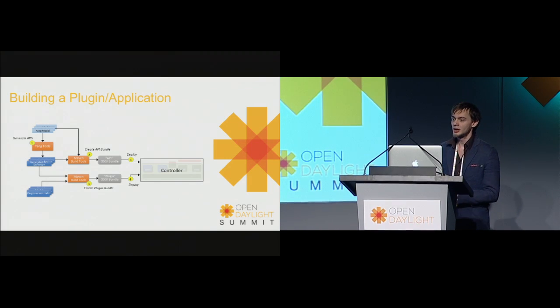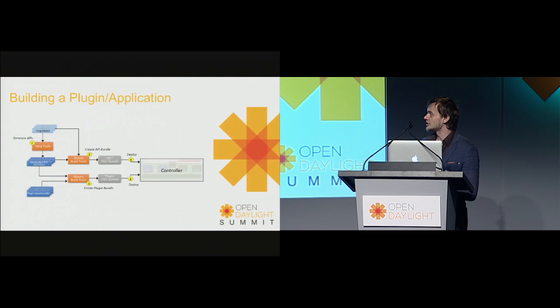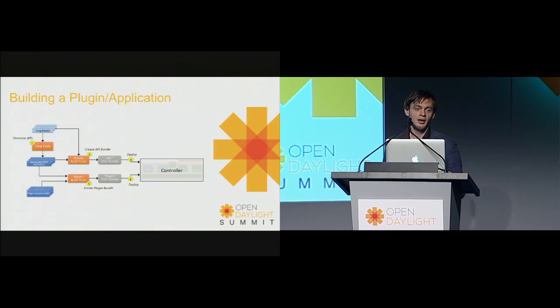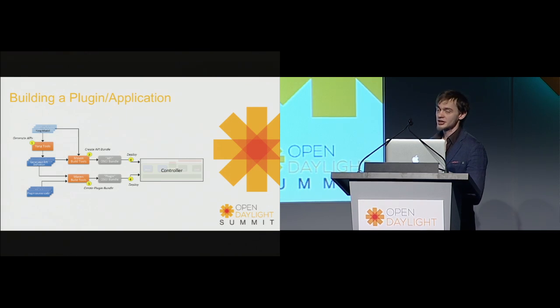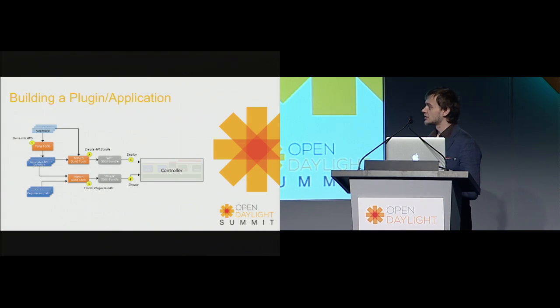So basically, what Jan mentioned before is that at the core there are the Yang models, which define the data structures, RPCs, and notifications. These are the input, and when you are building plugins or applications for the controller and defining your new model, we provide you with the required tooling.